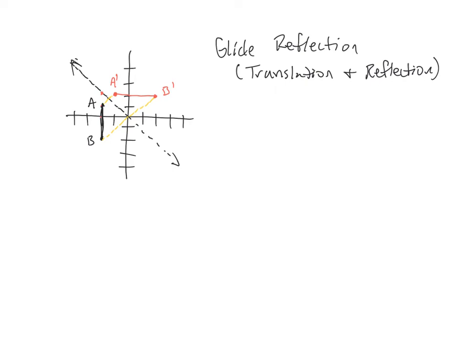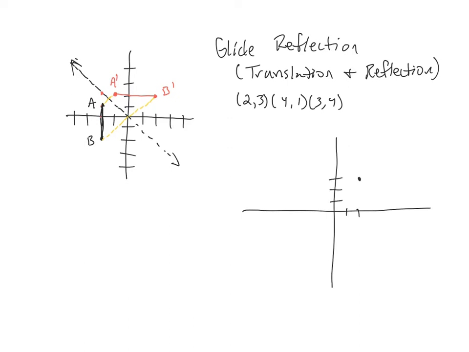Okay, so if I had the coordinates 2, 3, 4, 1, 2, go 2, 3 is A, B, and C.